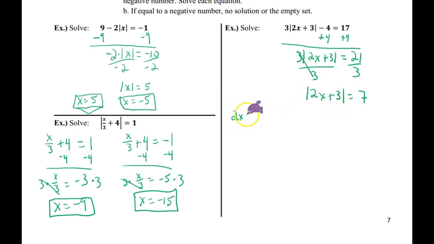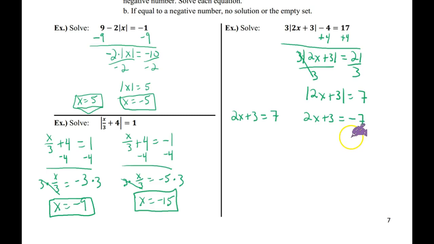So that 2x plus 3 could equal 7, or what's inside that absolute value could be -7, right?